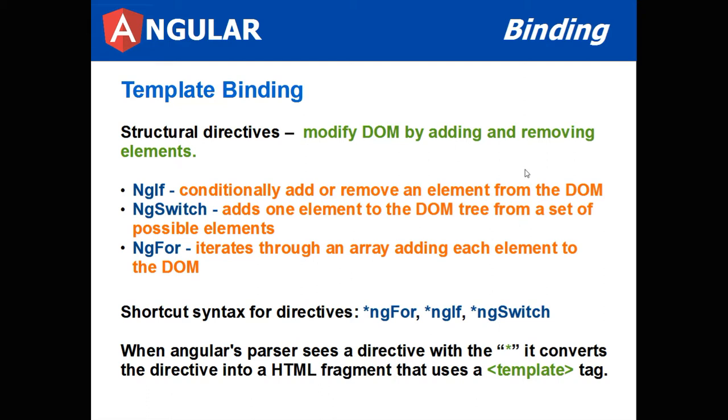Okay, template binding are structural directives that modify the DOM by adding and removing elements. For example, ngIf conditionally adds or removes an element from the DOM. ngSwitch adds one element to the DOM tree from a set of possible elements. ngFor iterates through an array, adding each element to the DOM.